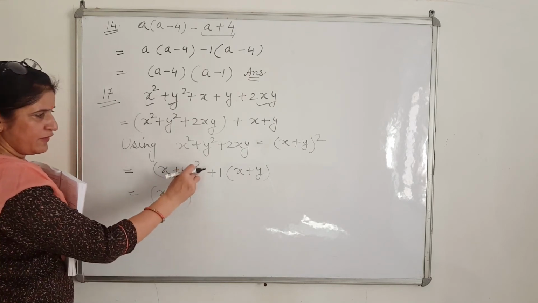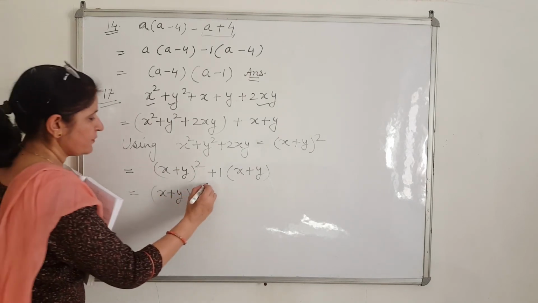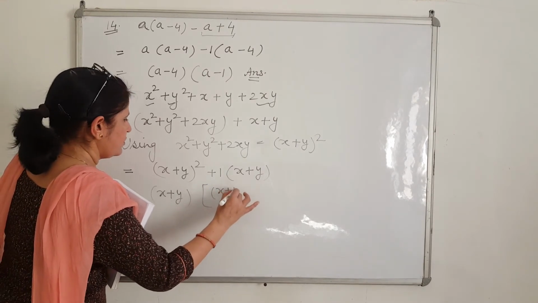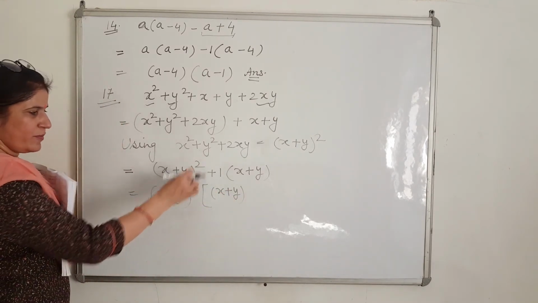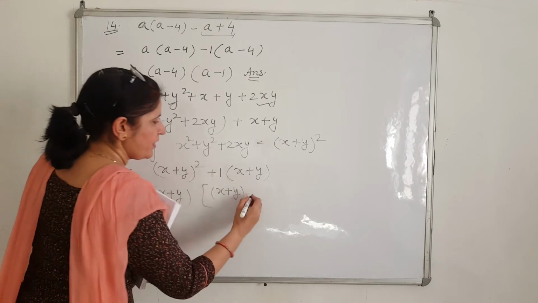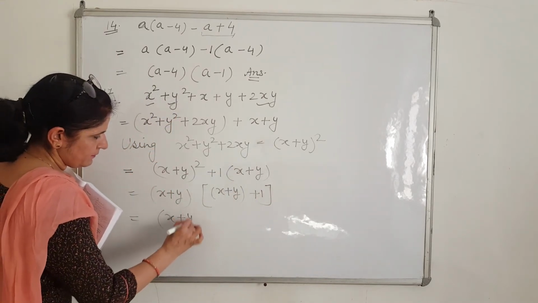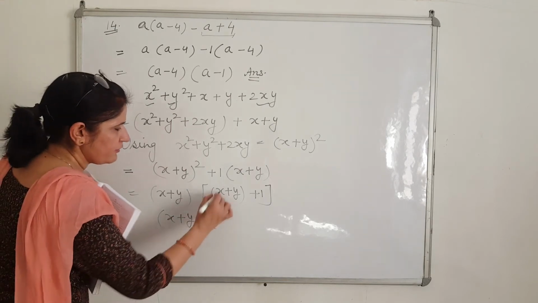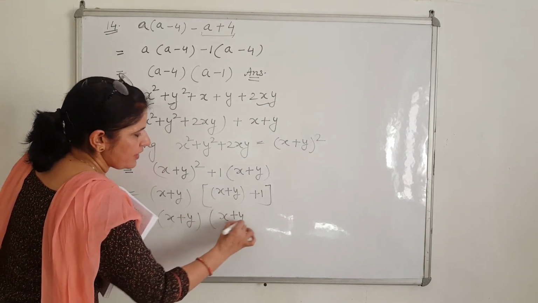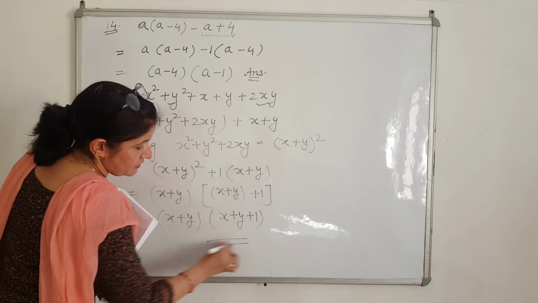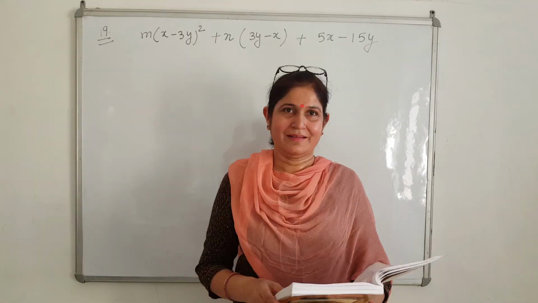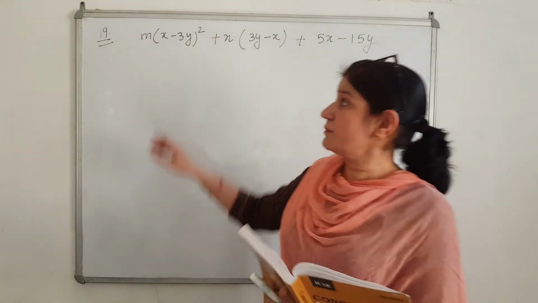From here when we divide this term by x + y, what will be left? Because there is power 2, 2 minus 1, 1. So from here 1 is left. So our factors are (x + y) and the other factor is (x + y + 1). This is the answer.